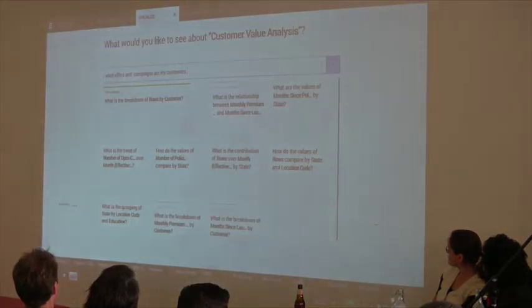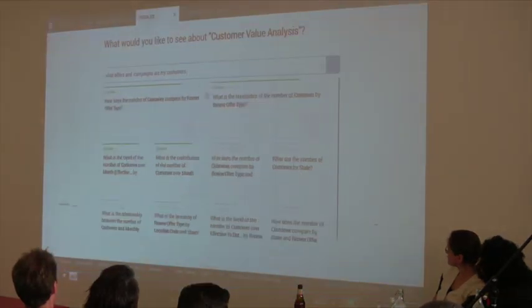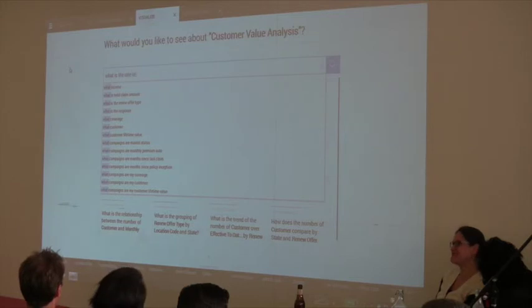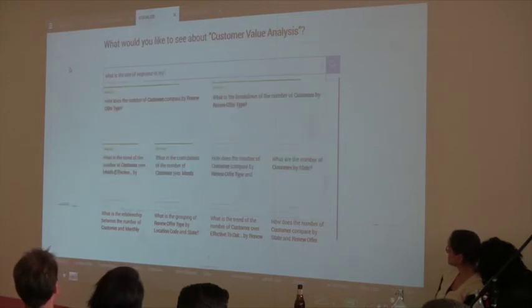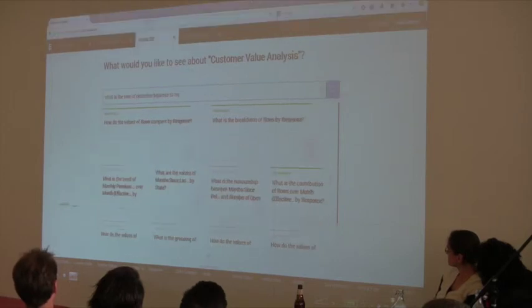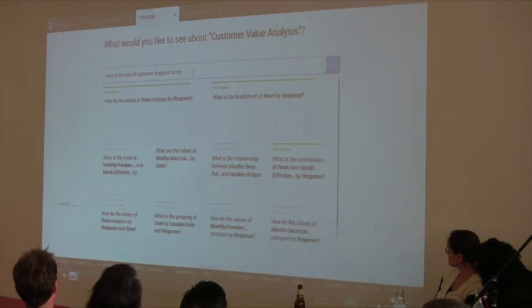Just to prove it's live, I did all of that on purpose so that everyone can see we're actually live here with the software. So what I've got is not really what I'm after. You know what I'm going to ask instead? I apologize. What is the rate of customer response to my campaigns and offers? You're just showing off that the thing is analyzing that question as you type it.